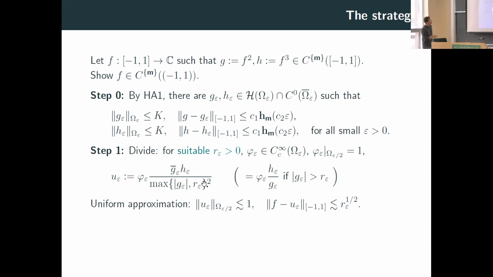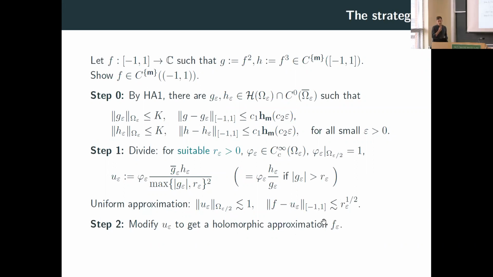Anyway, what is still missing is that this function is not holomorphic. So the next step means we want to make it holomorphic. We want to modify the function u epsilon to get a holomorphic approximation f epsilon of the right kind, because then we can go back. This is another application of solving the d-bar equation in a clever way.